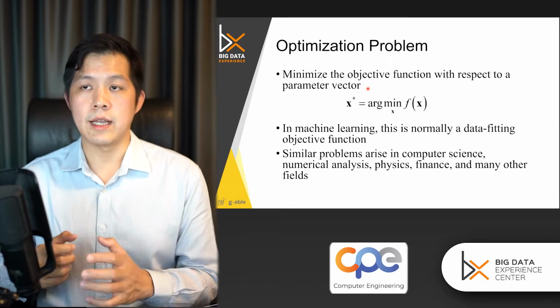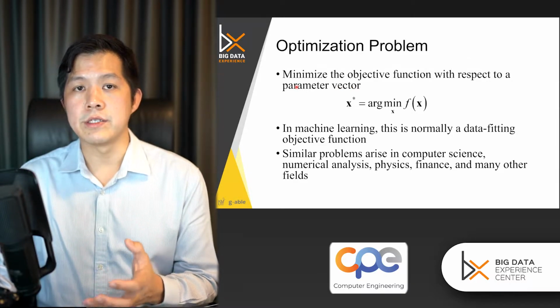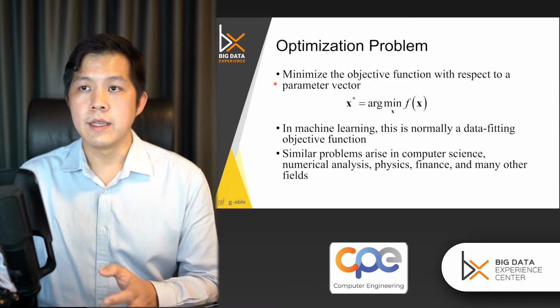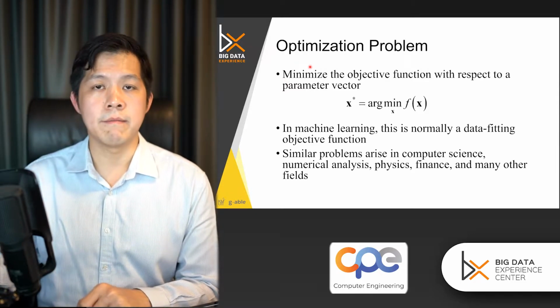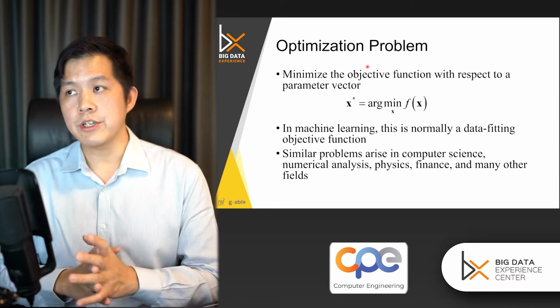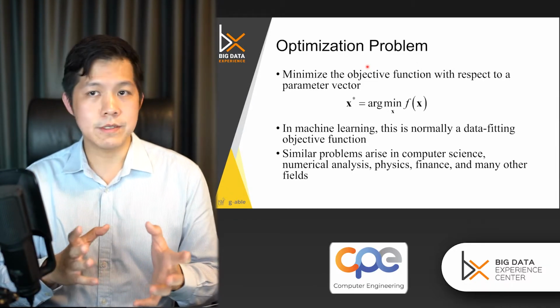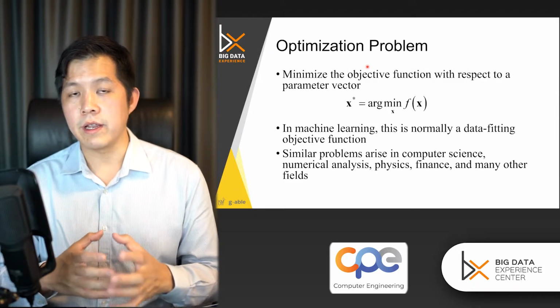Optimization is the task of identifying parameters, the solution that you want to estimate, and that solution has to minimize or maximize the objective function. An objective function can be any type of function expressed in terms of the thing that you want.